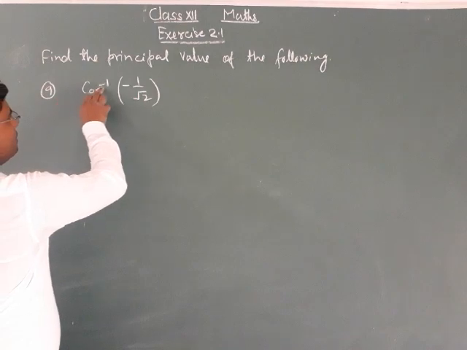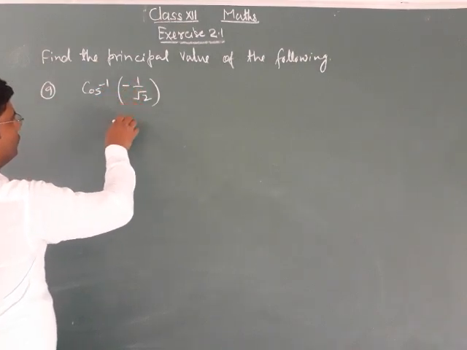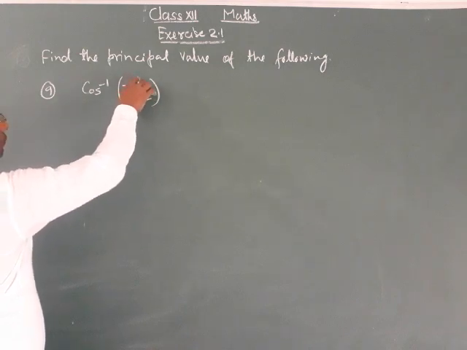Question number 9, cos inverse of minus 1 by 2. Here cos of pi by 3 is 1 by 2.